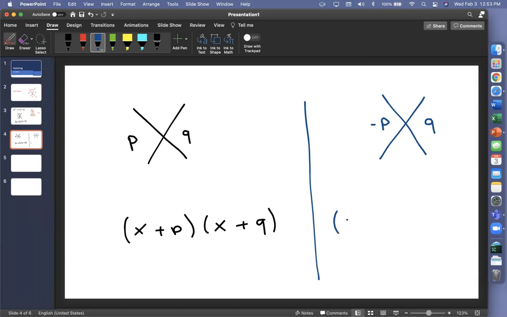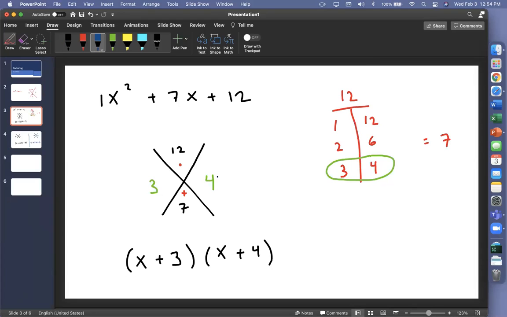Then when we factor, it's going to be x minus P, because P is negative, and x plus Q, because Q is positive.